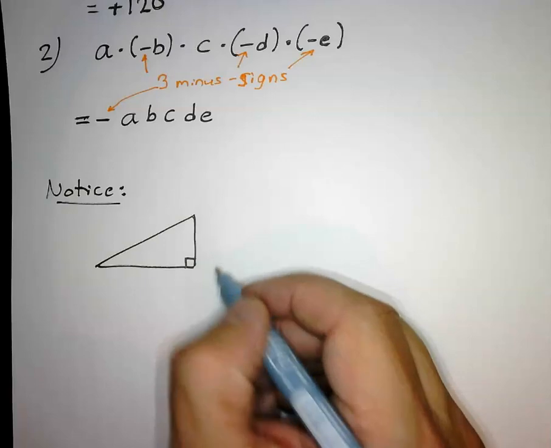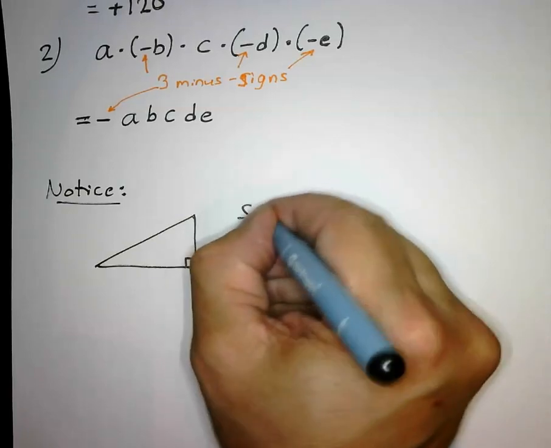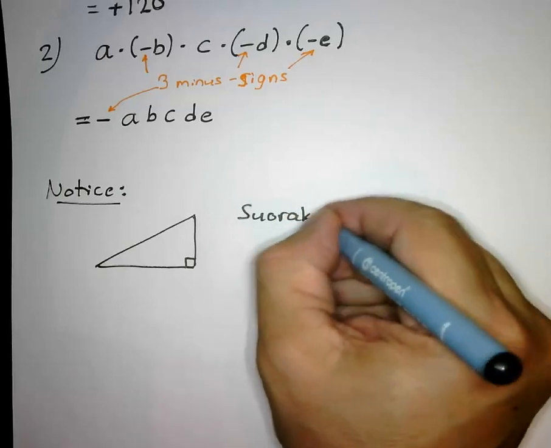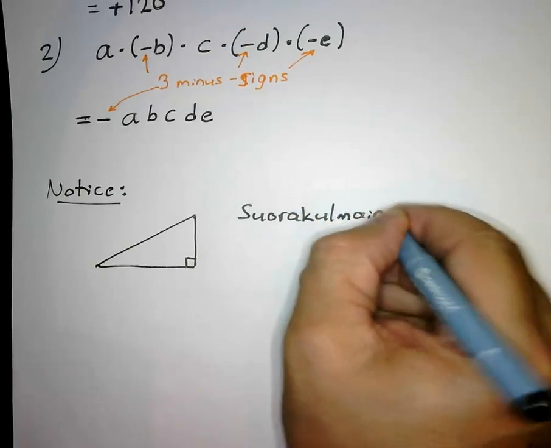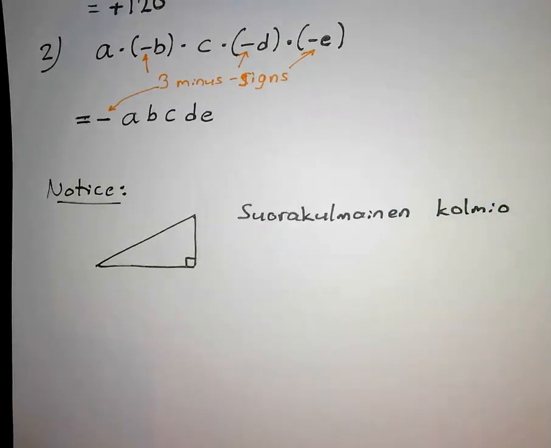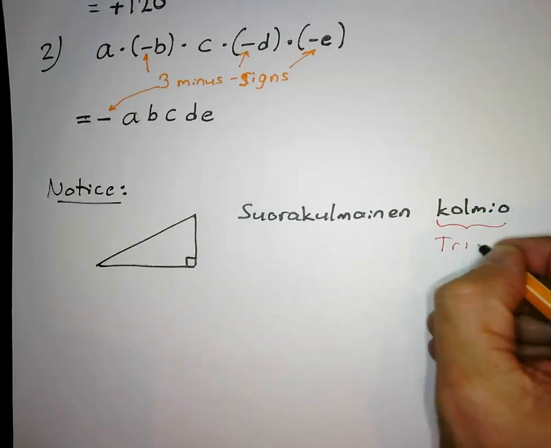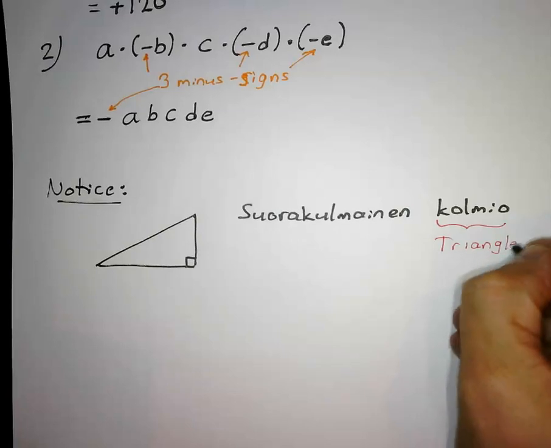This kind of triangle, in Finnish we call it suorakulmainen kolmio. Kolmio means triangle.